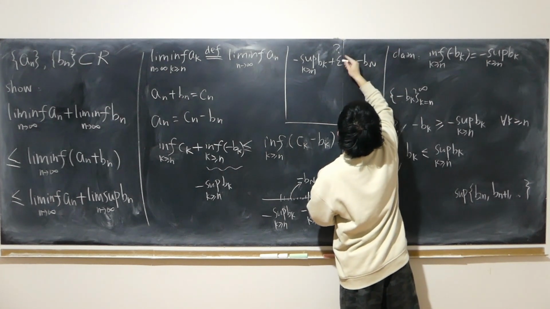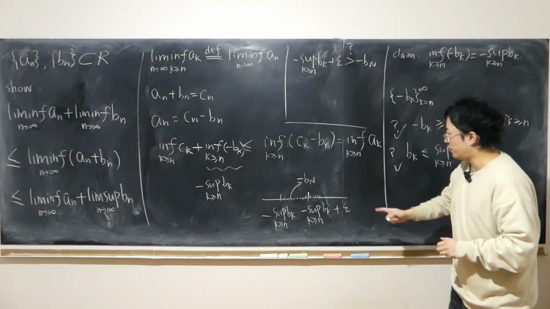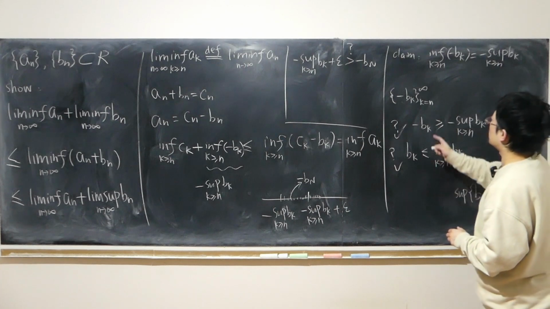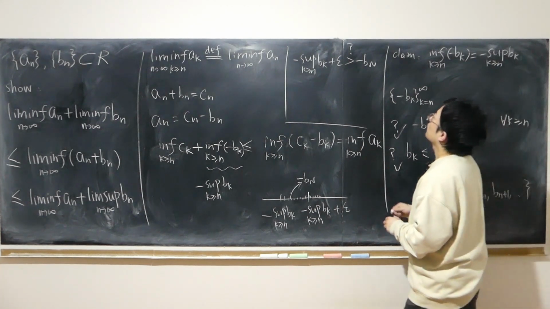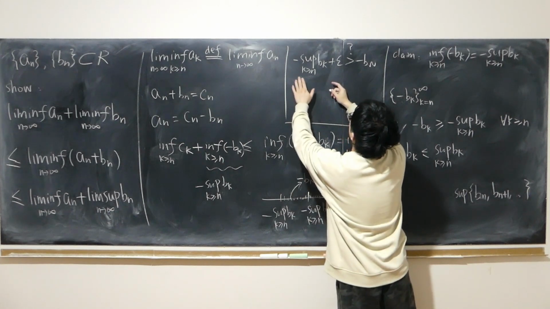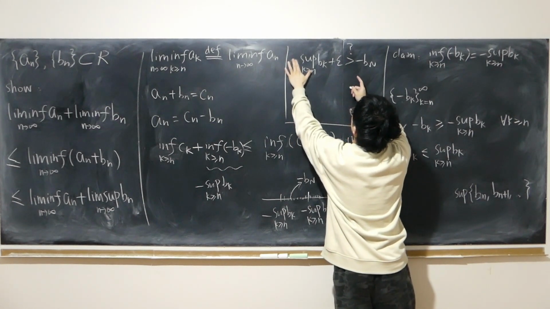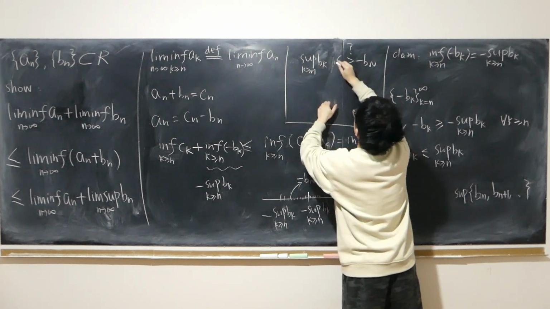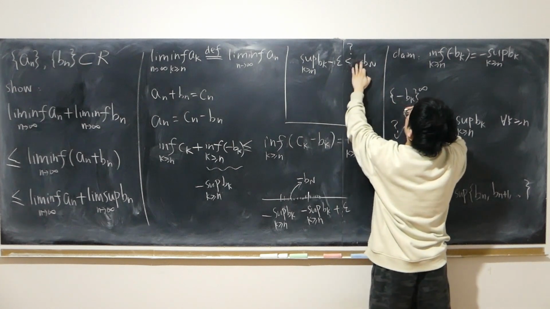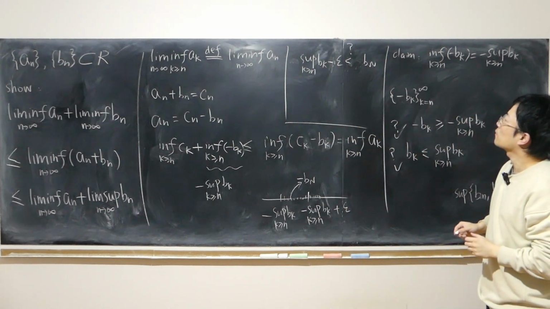Can we show this is true? Fixed n, n is bigger than or equal to little n. In other words, can we show that, multiply by negative on both sides? Negative gone, positive becomes negative, change the direction, negative gone. Can we show this inequality? Of course.